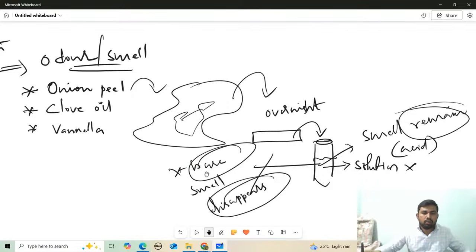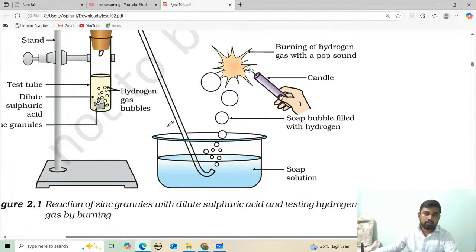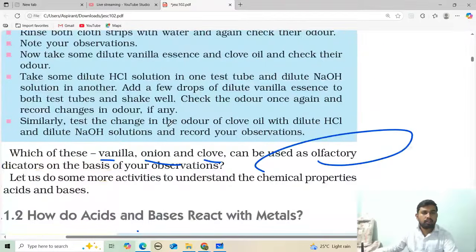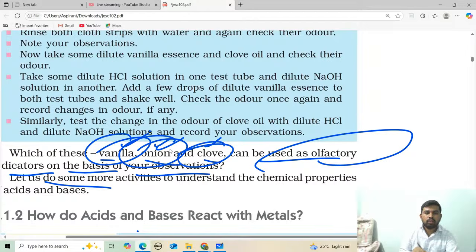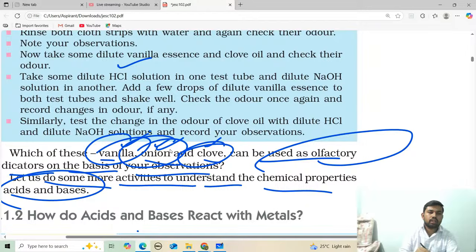Let me discuss what the next concept is. You can see that they have given vanilla extract, onion peel and clove oil, which can be used as olfactory indicators. On the basis of your observations, do some more activities to understand the chemical properties of bases. Here they have given HCl solution and NaOH. What is the smell of this HCl? The smell remains.